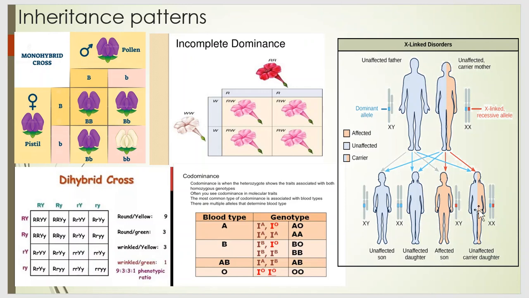And then you can see here she's going to be a carrier. She has half of the chromosomes, one of the chromosomes has that bad allele, which is hemophilia. So this is an example where the trait is linked with the X chromosome, so we call this X-linked disorders.